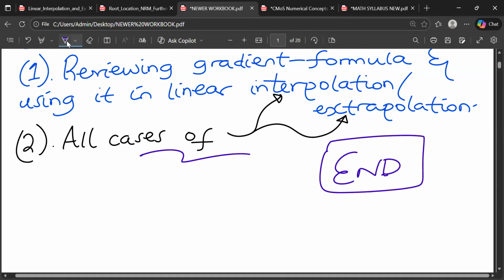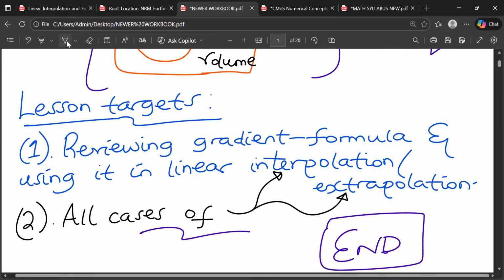Now let me ask you something simple, and I would want you to tell me in the chat. I'm going to tell you the meaning of the rest of the words. I just want you to tell me the meaning of only one word, and that is the word linear. Who knows the meaning of linear?